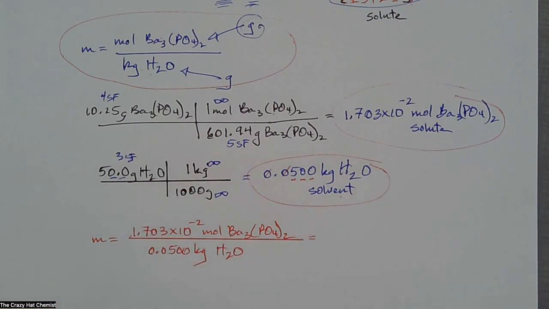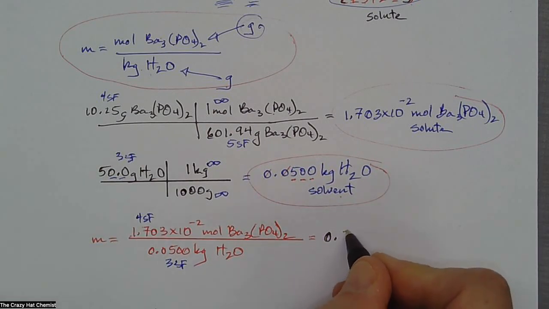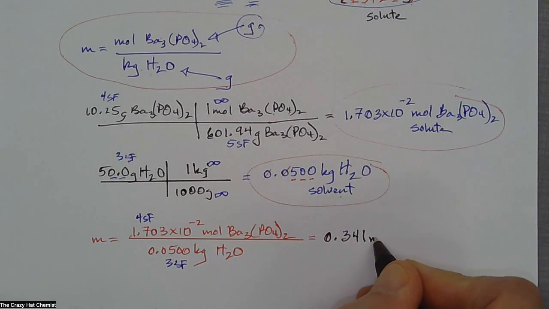And then this will give us our molality. This has 4 significant figures, and like I said before, this has 3 significant figures. So our answer here, rounded correctly, is going to have 3 significant figures. So our molality is going to be 0.341 molal.